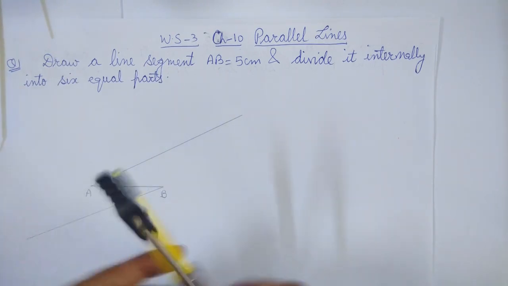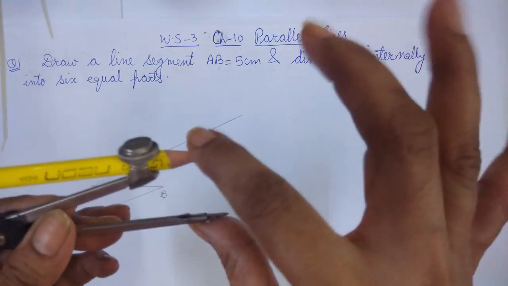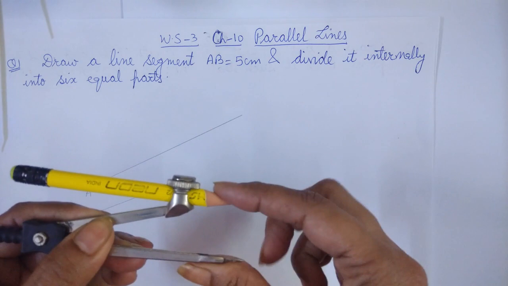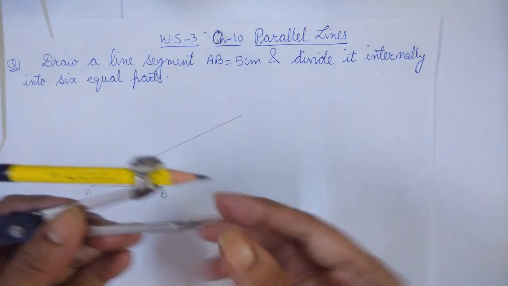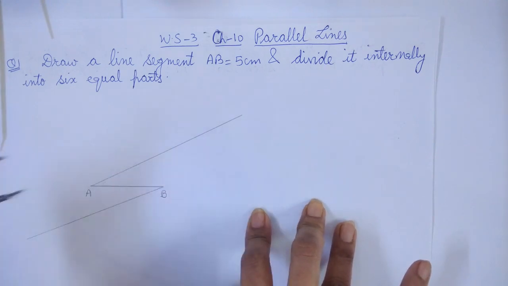Now, next step, since you have to divide it into 6 equal parts, you will take the compass along with the D and open it according to yourself. Any measurement you can keep. So I have kept the measurement like this.